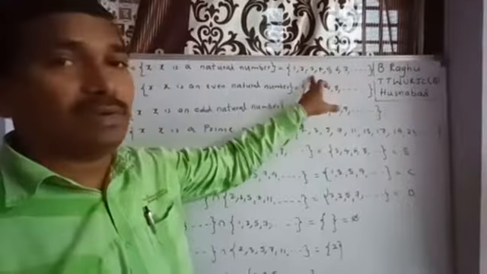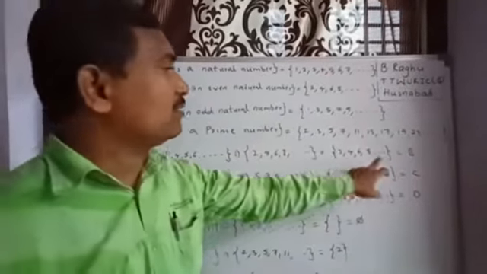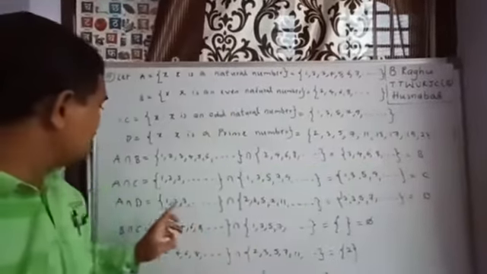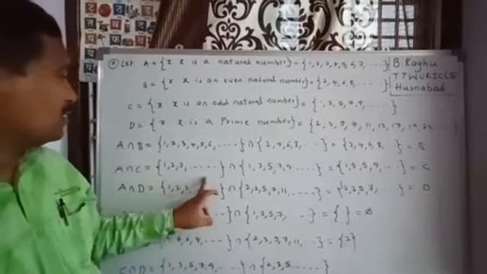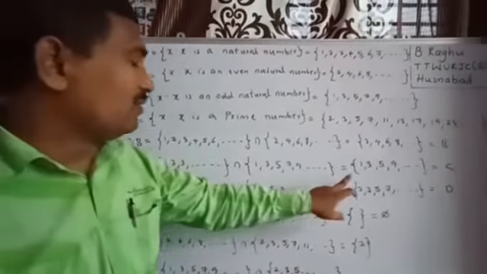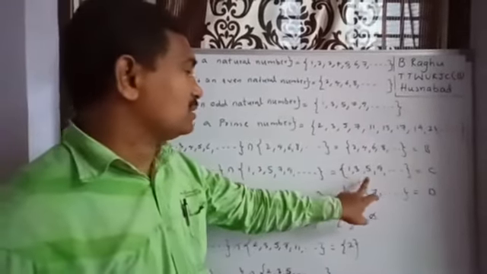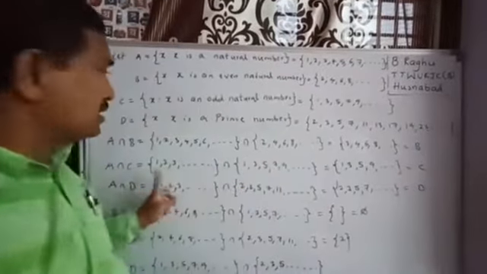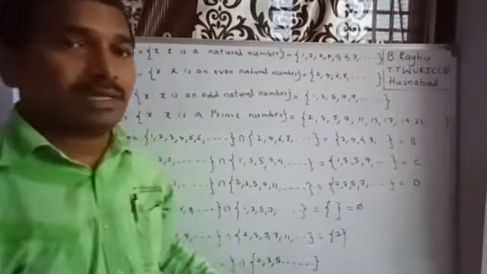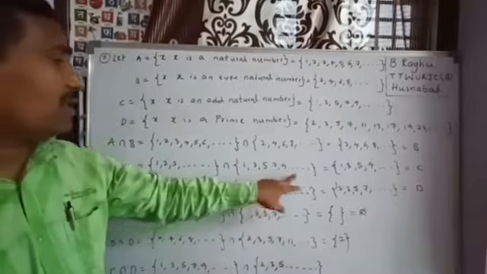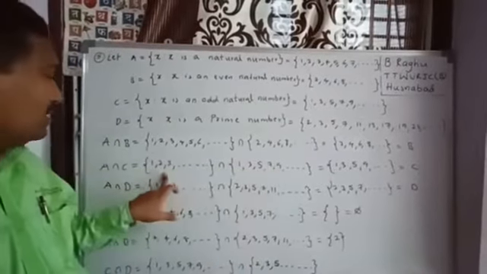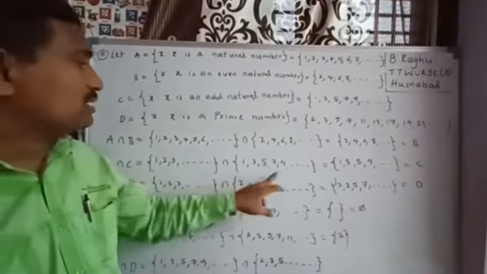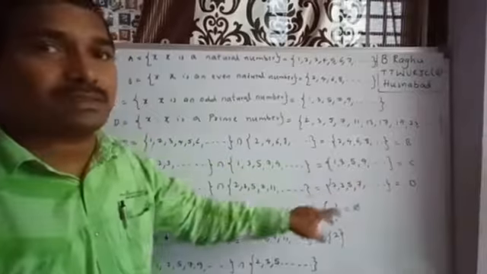Here B is a subset of A. Here A intersection C, the set of odd natural numbers. C is a subset of A, so A intersection C equals C. Intersection means common elements. All these elements are in this set, so this is the intersection set.